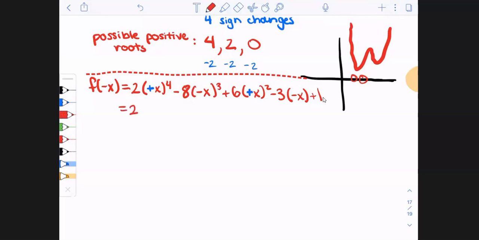So this will stay as a 2x to the 4th. This will become a positive 8x to the 3rd, because it's a negative negative. This will stay a positive 6x to the 2nd. A negative negative becomes a positive 3x plus 1. So if I look at this, this is a positive, a positive, a positive, a positive, and a positive, meaning there's 0 sign changes.